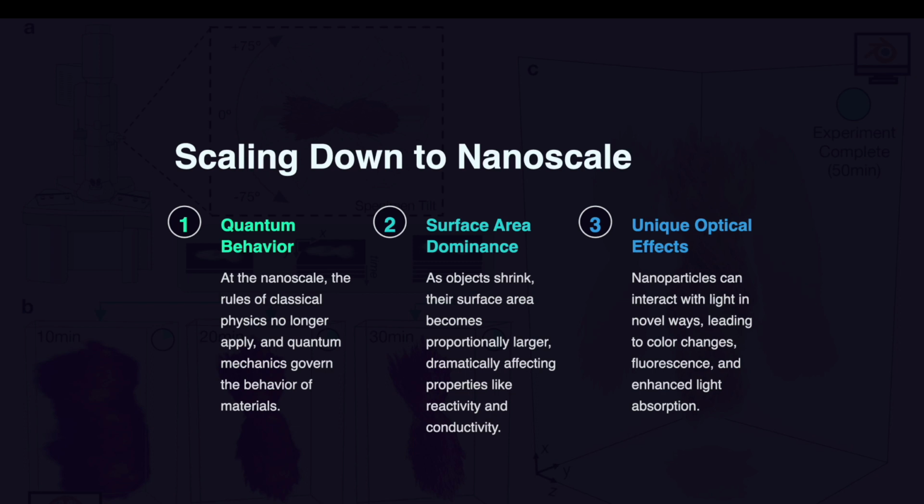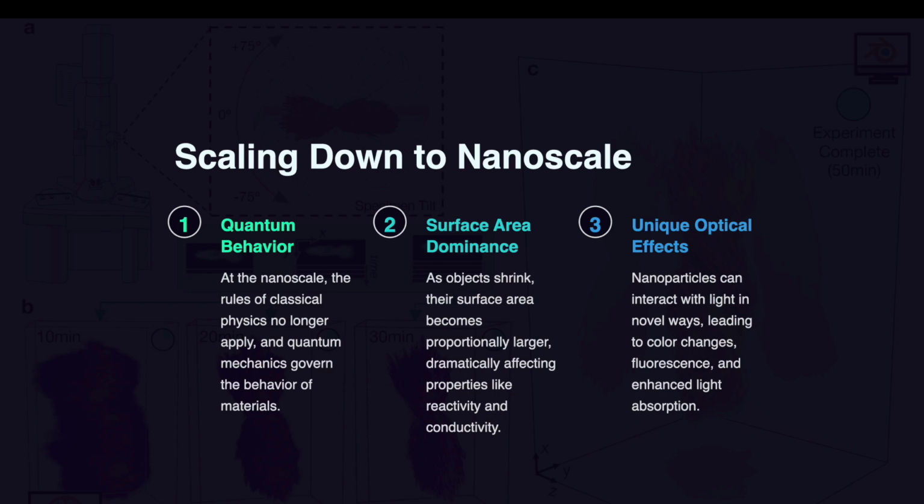When the surface area becomes bigger in proportion to the size, it will dramatically affect properties like the reactivity and conductivity of that material. That is why they are more reactive and have more conductivity.